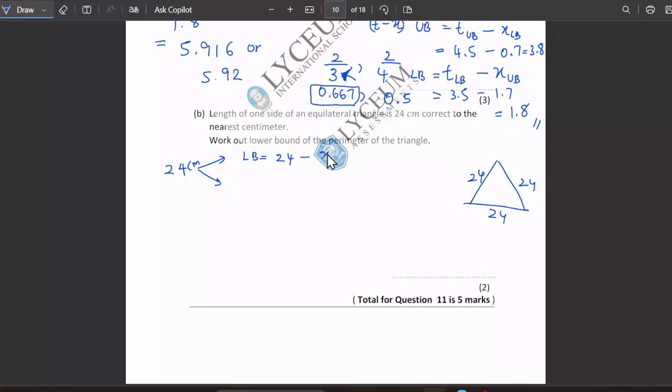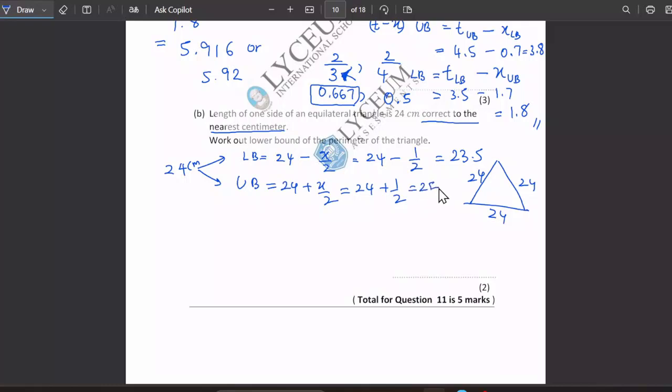Lower bound is 24 minus x over 2. And you can see the accuracy is given here: nearest centimeter. So x value is 1 centimeter. So this is 23.5. Upper bound is 24 plus x over 2. That means 24 plus 1 over 2.